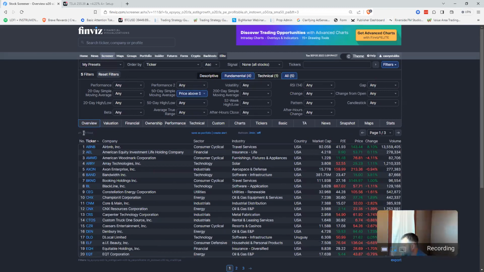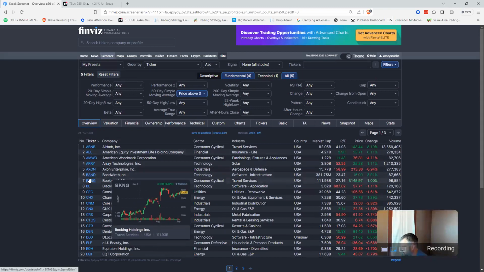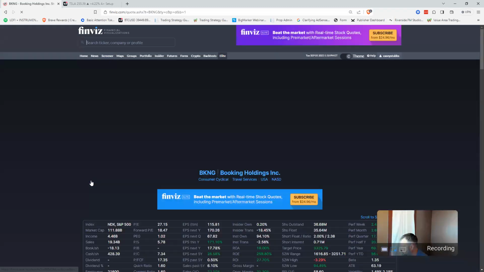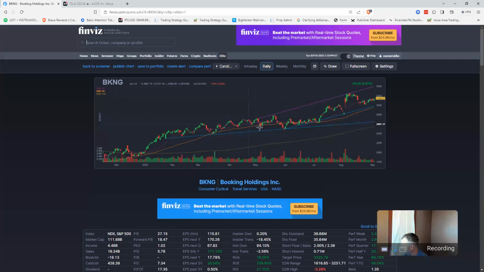And now that dropped it down to 59. Okay, and so we could look at some other stocks here. Here's Booking Holdings, right? This is one that's a nice uptrend. And so we can start by taking a look at this. I'll add that as one we'll look at. And if you guys have any others you want to look at along the way, let me know. But that's the tool that I use.